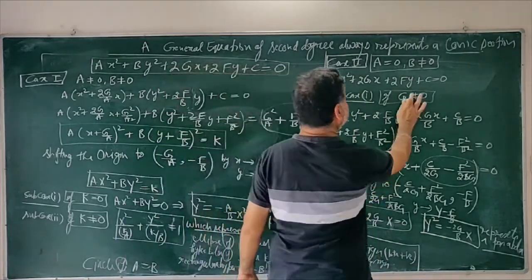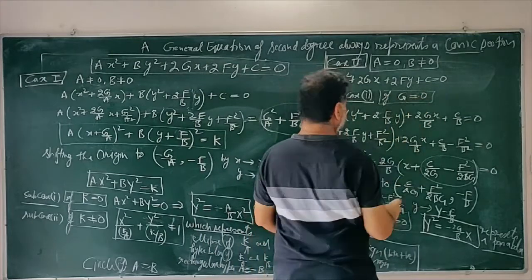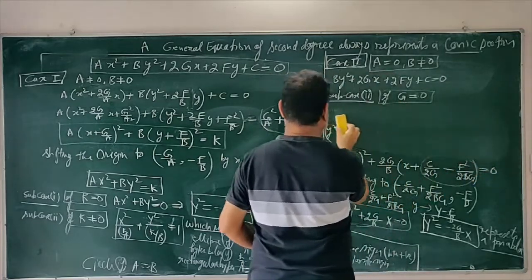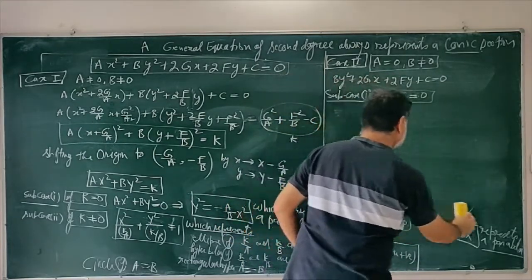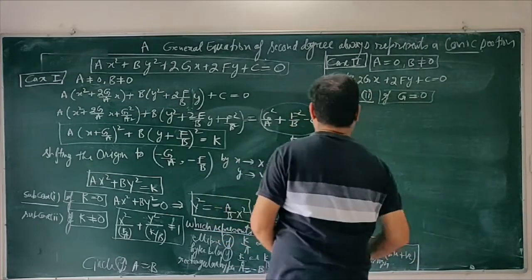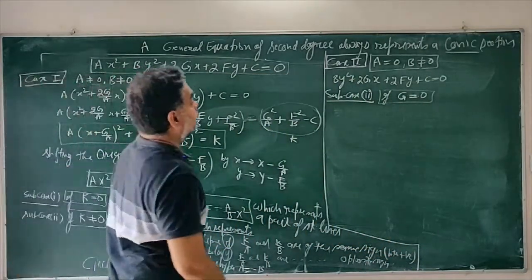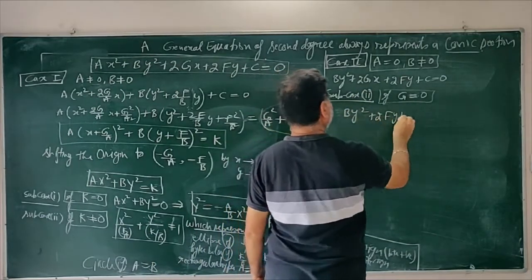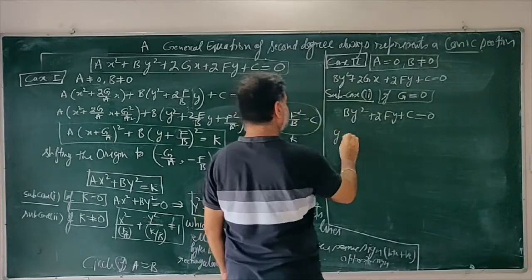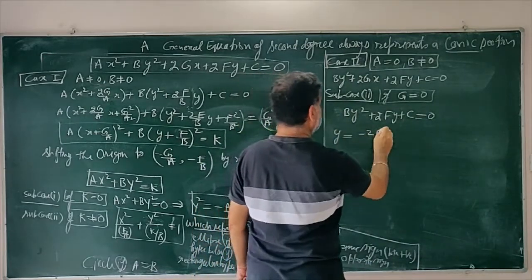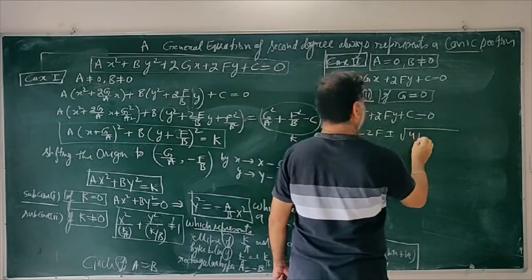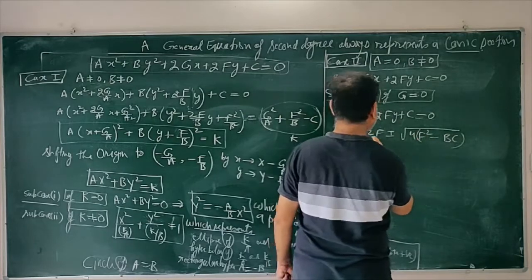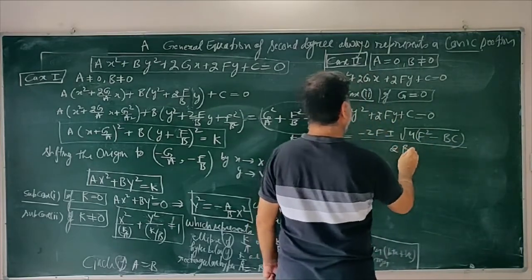And if g is equal to 0, sub case 2, then this equation would become b y square plus 2fy plus c equal to 0, and y would be equal to minus b plus minus square root of b square minus 4ac, divided by 2b.